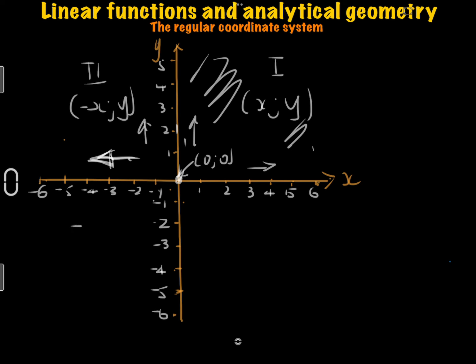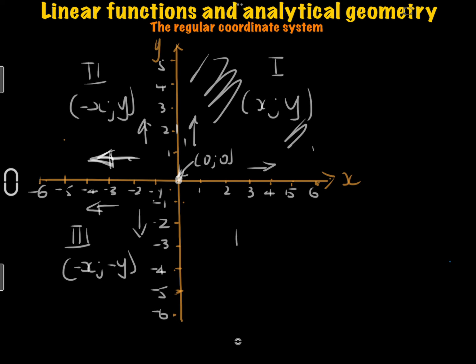Let's move on to look at the third quadrant. So x is still negative, so all these values going that way are negative. And then let's look at all the values for y. They are also negative. So both x and y are negative in the third quadrant.